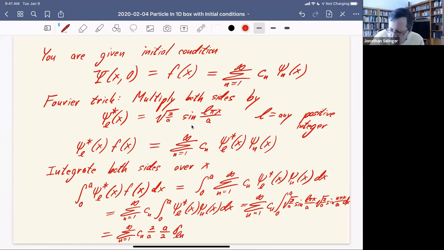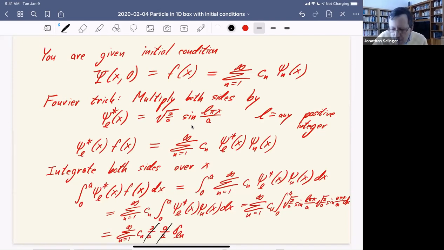Okay. So now the 2 over a and the a over 2, those things cancel. And we have a sum from n equals 1 to infinity of Cn times delta Ln. This is now a sum of an infinite number of terms. One of these terms is not 0.